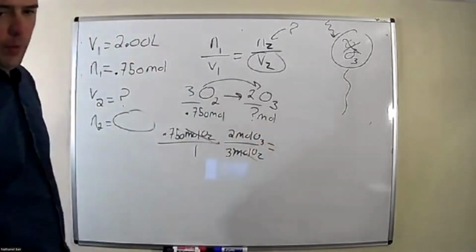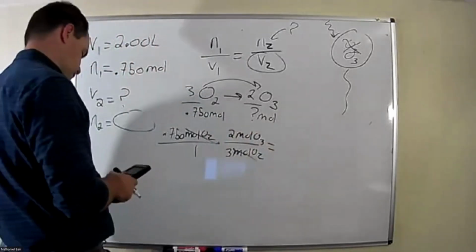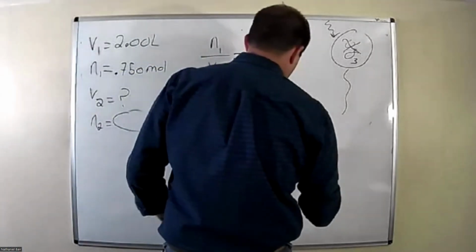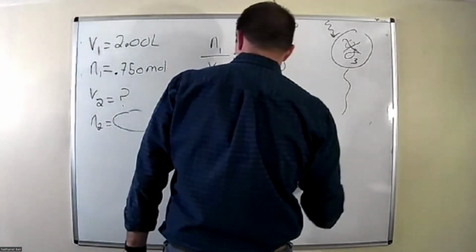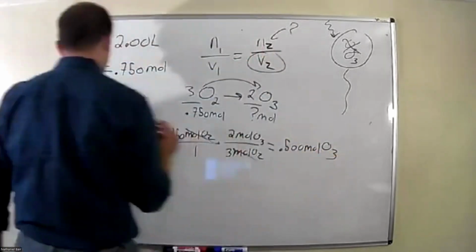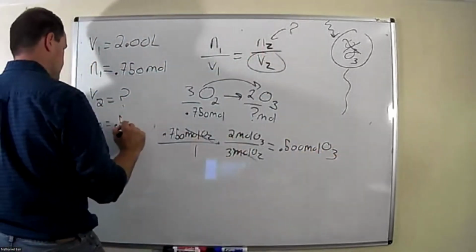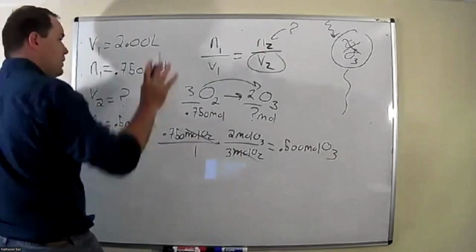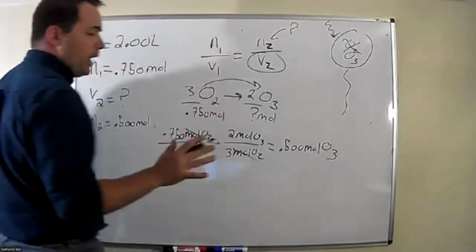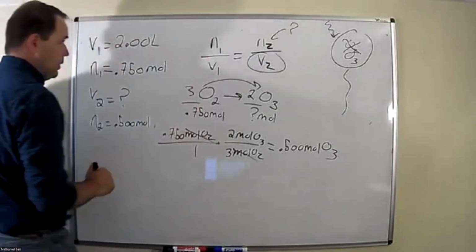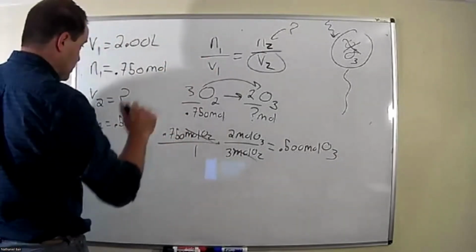So it's a 2 to 3 mole ratio. That's 0.500 moles of O3. That is my N2. Now I know everything. I know 3 out of 4 of the things, and I can solve for the 4th variable in my Avogadro's law problem.